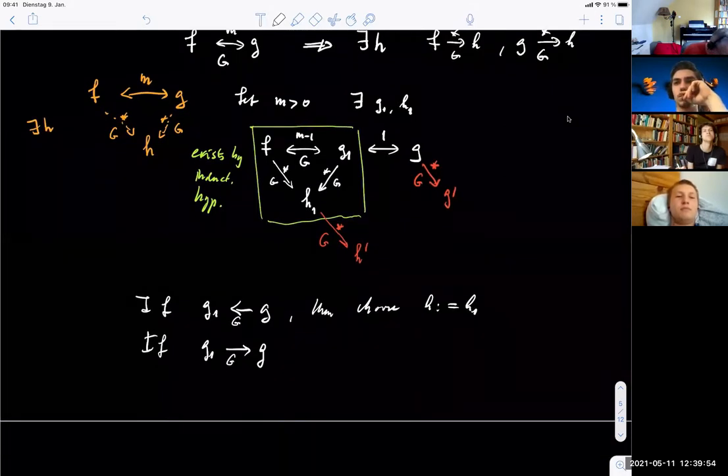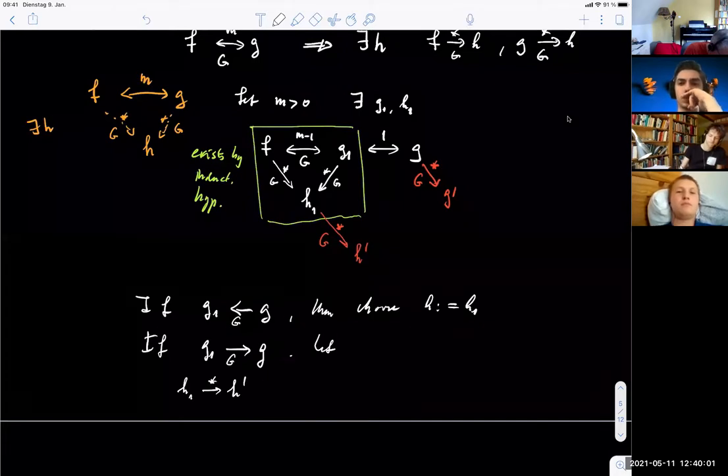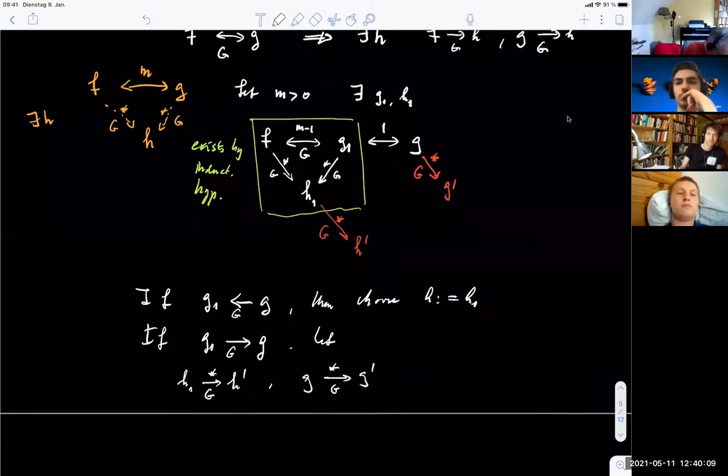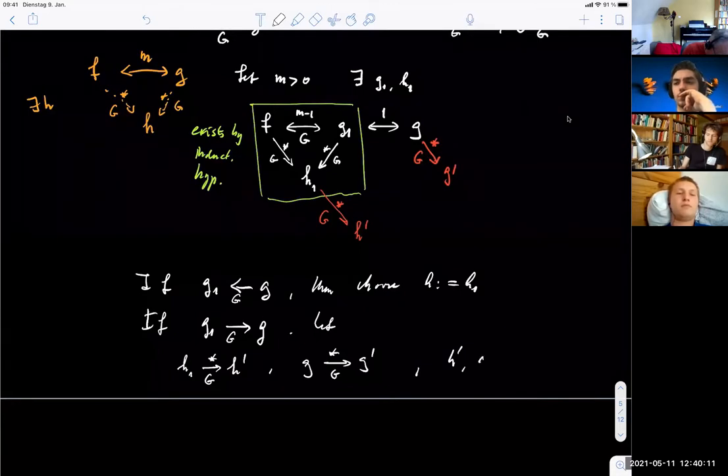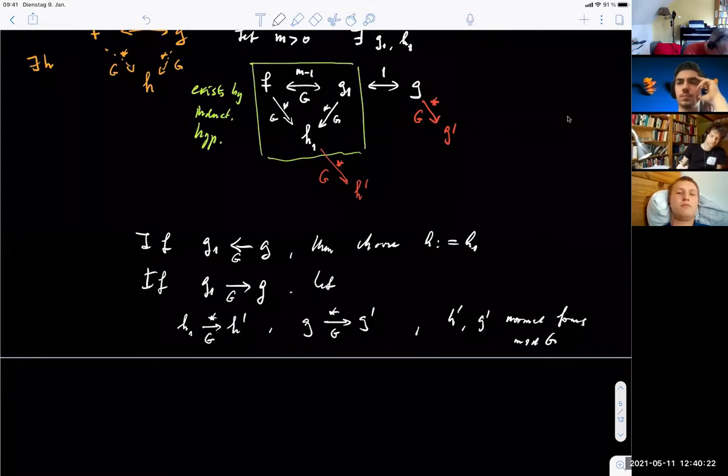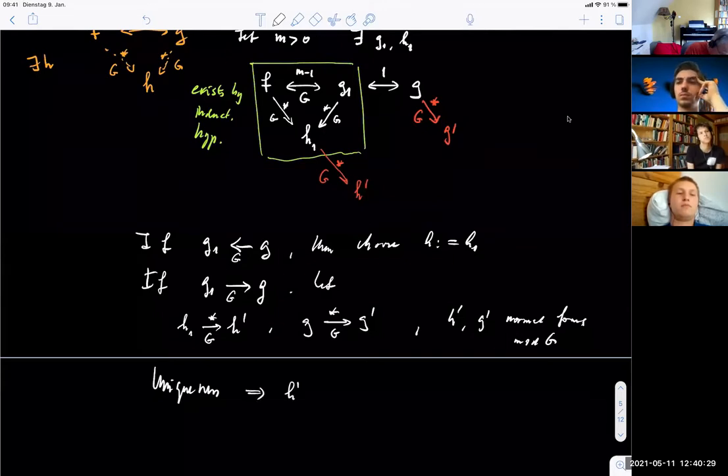What do I have? Let H1 reduce to H prime, G reduce to G prime, and H prime and G prime are normal forms mod G. Then by the uniqueness assumption, I must have H prime equals G prime.